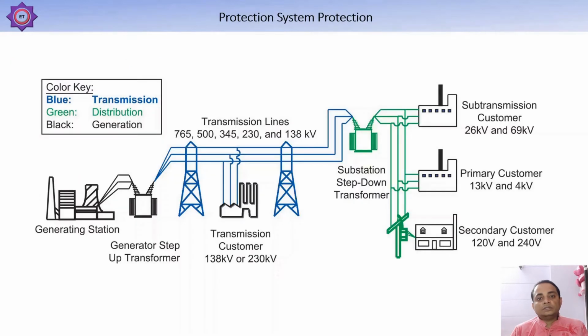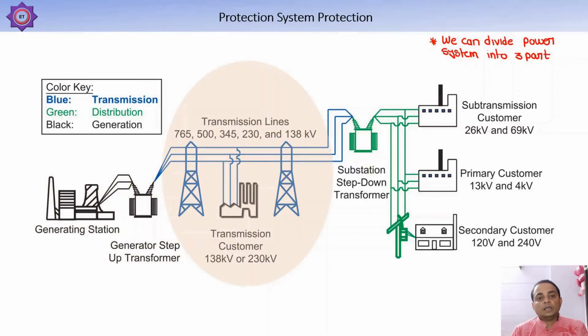Let us start with the simple layout of power system. As we know, we can divide the power system into 3 parts. First one is generation, second one is transmission and third one is distribution.